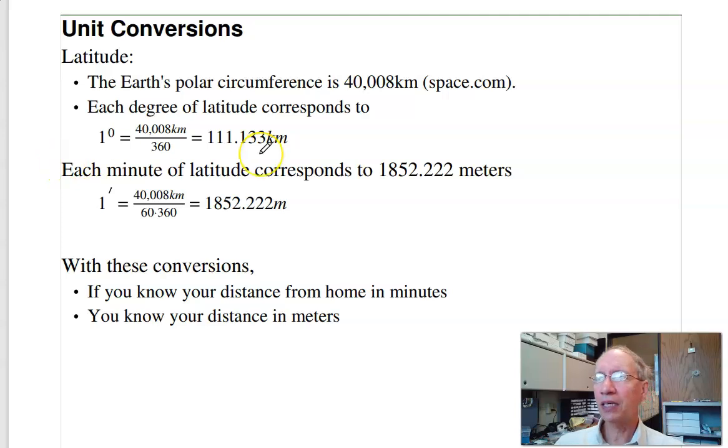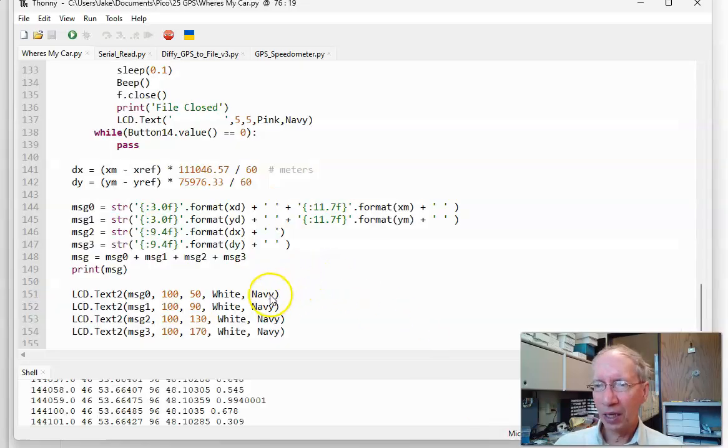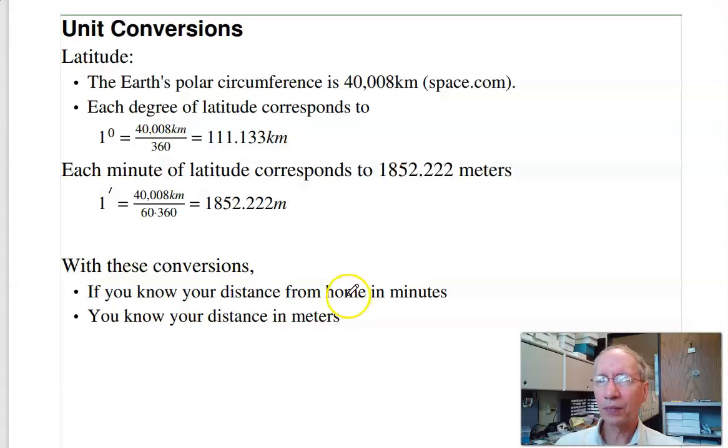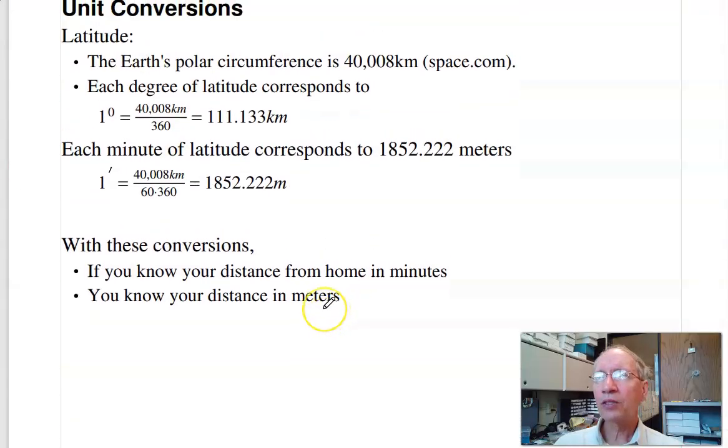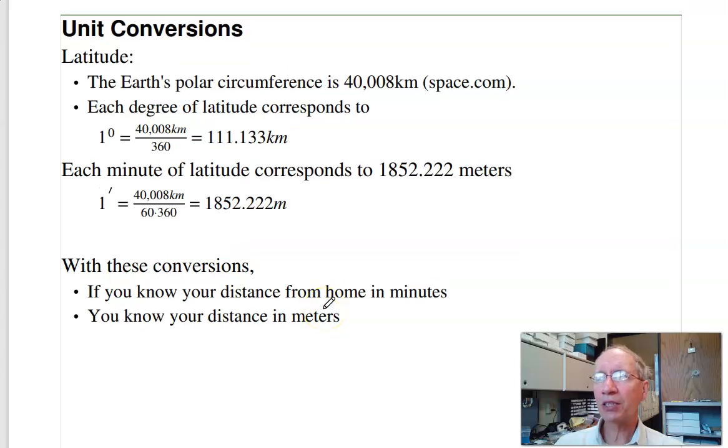Each degree is 111 kilometers. Each minute is 1852 meters. So again, back in the code, I can use this to convert to meters. So with those conversions, if I know my latitude and longitude, and I know the distance from a reference point in minutes, I know the distance in meters.